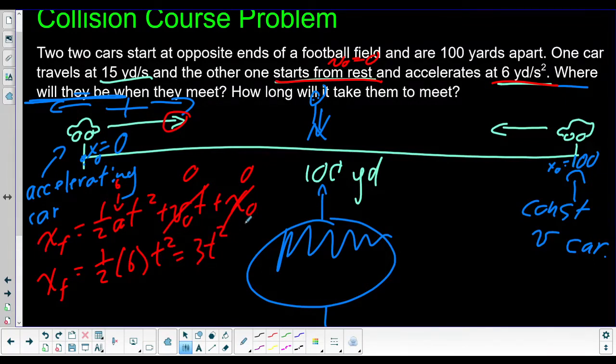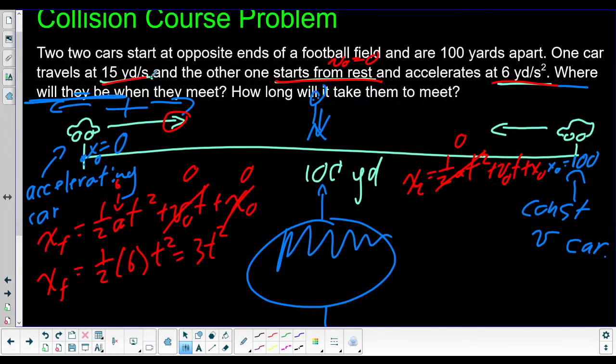All right. Now let's write our equation for the constant velocity car. X final still equals 1/2 at squared plus v naught t plus x naught. Now it's constant velocity, so acceleration is 0. This term goes away.